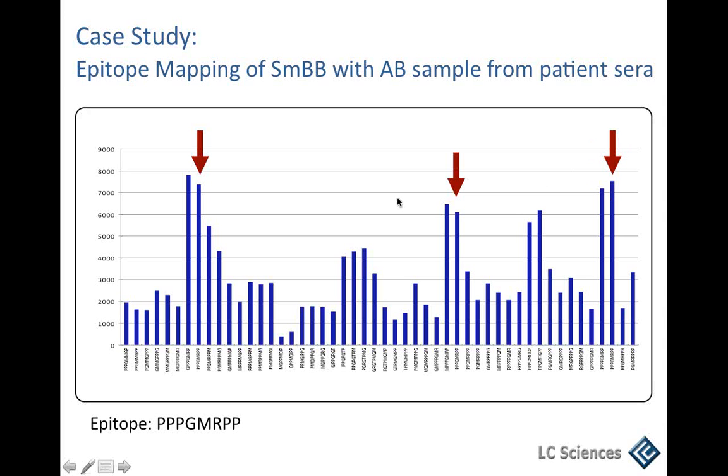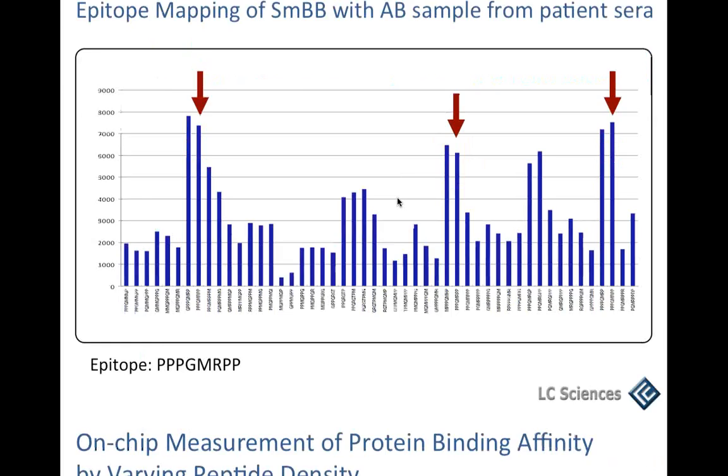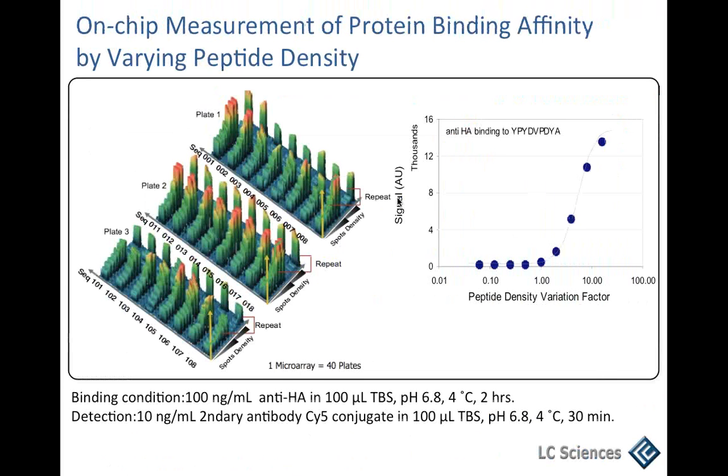Beyond the titration experiments that I just mentioned with the truncation studies, where you basically use one chip and run it multiple times at increasing protein concentration, you can also do something else and run it at a fixed protein or antibody concentration. Basically, with just a single constant sample concentration, you can get the same data.